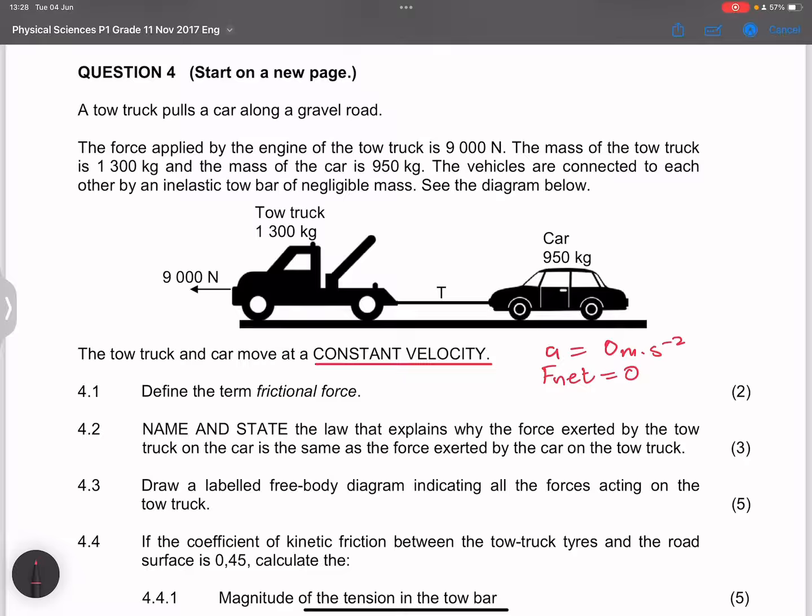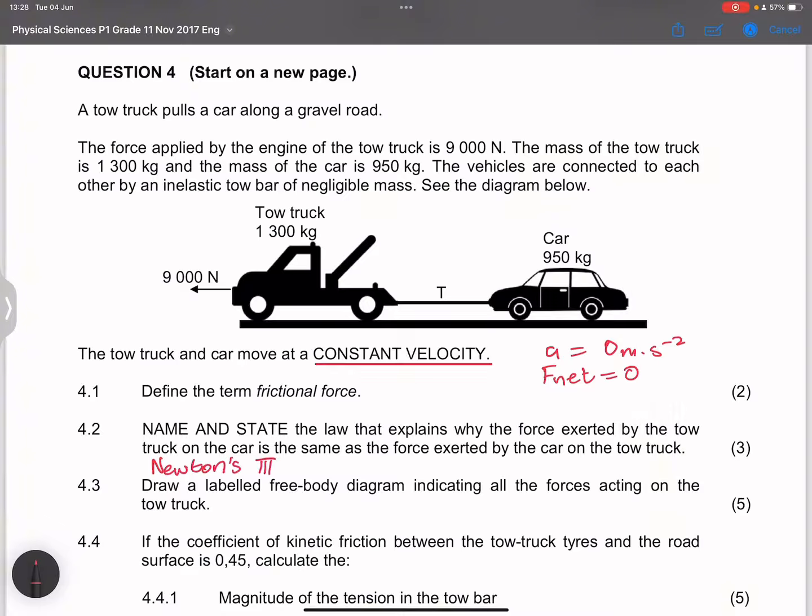Okay. Right, they say name and state the law that explains why the force exerted by the tow truck on the car is the same as the force exerted by the car on the tow truck. So remember, that is Newton's third law.